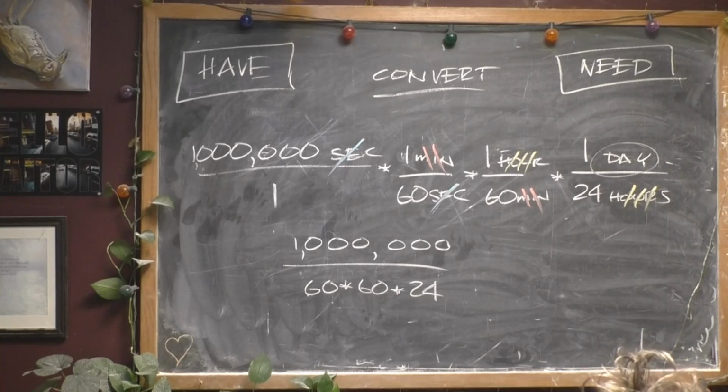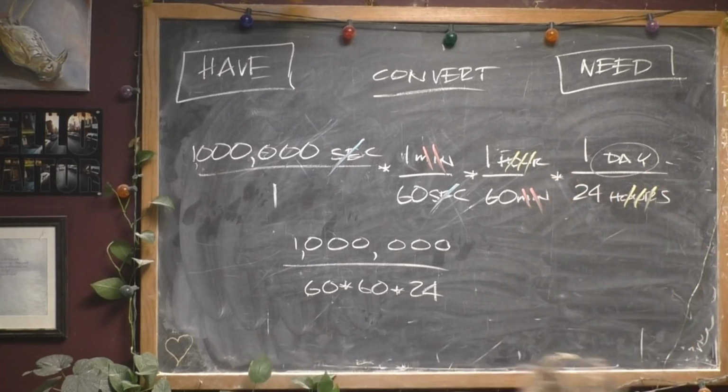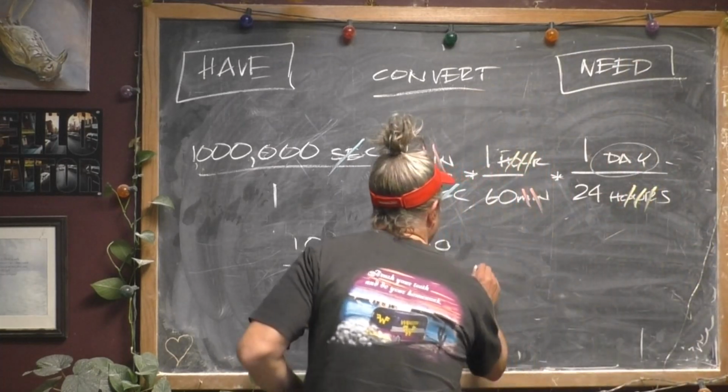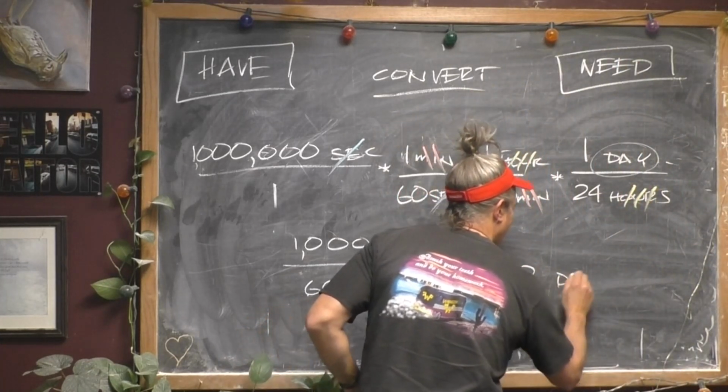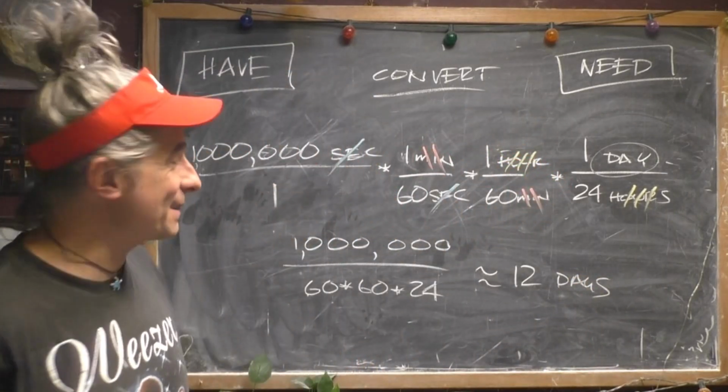Divided by 60 times 24. And I get about 11 and a half. It rounds up to 12 if you want to go to the nearest day. That's about 12 days. 12 days.